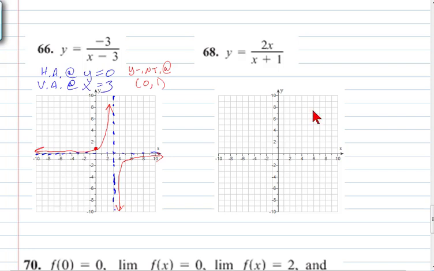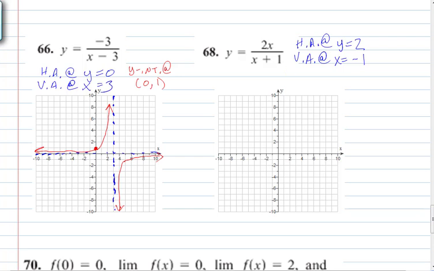All right, let's go to 68. Do we have a horizontal asymptote? Yes. At y equals what? Do we have a vertical asymptote? Negative 1. Do we have an x or y intercept? Both. It's the origin.